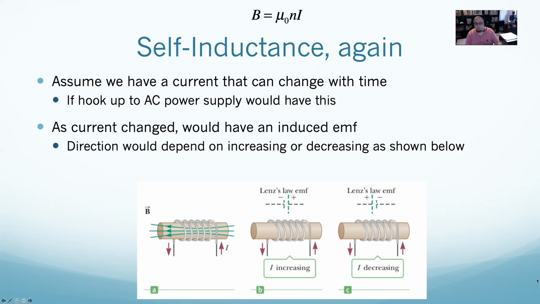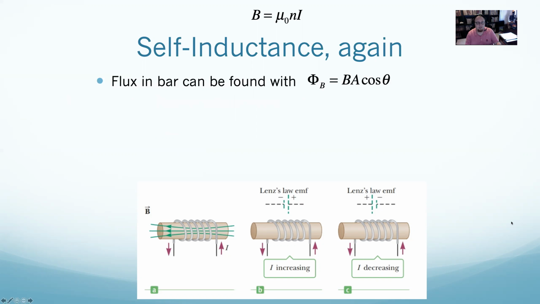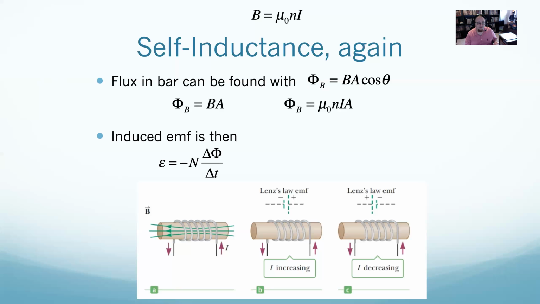Now keep in mind, we can talk about the magnetic flux through our solenoid. Flux is B A cosine theta. In this case, I'm assuming it's wrapped around like this, so we can say it's at 0 degrees. And the magnetic field I said was mu naught n i, so the flux should be mu naught n i A. Now, since we have an equation for induced EMF, I'll just plug my flux into that equation.